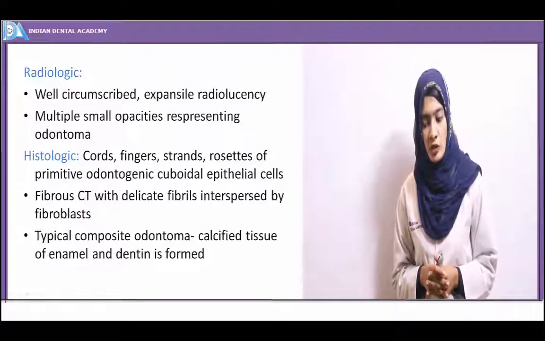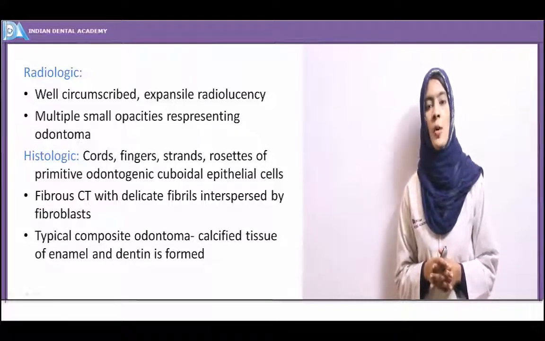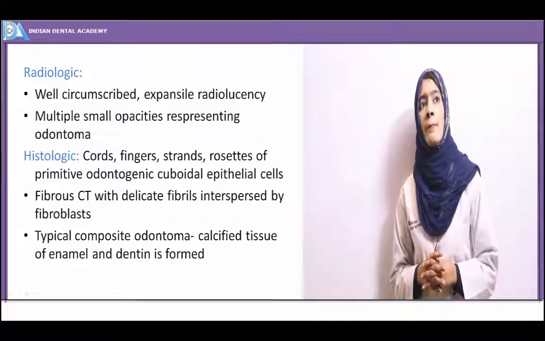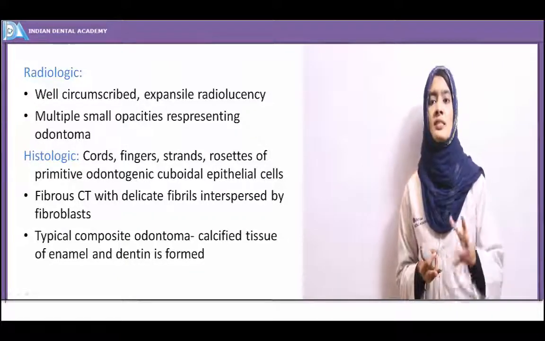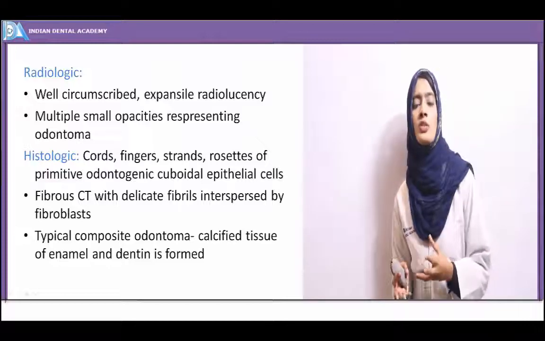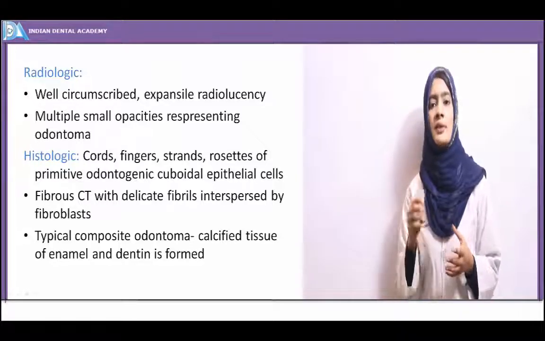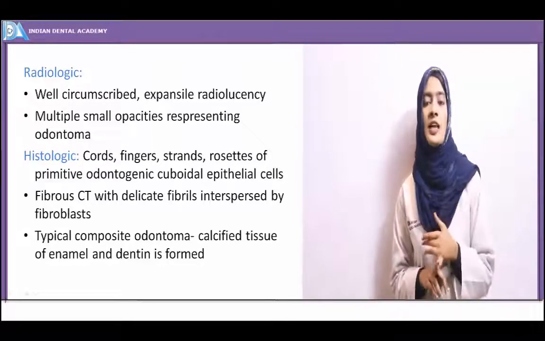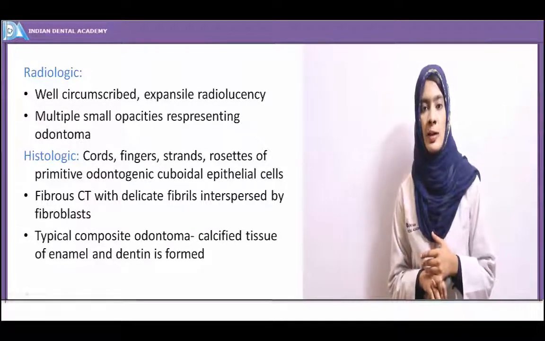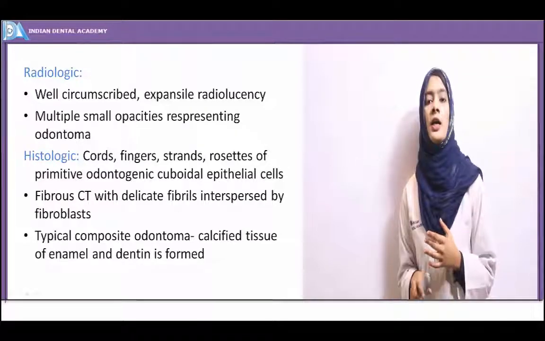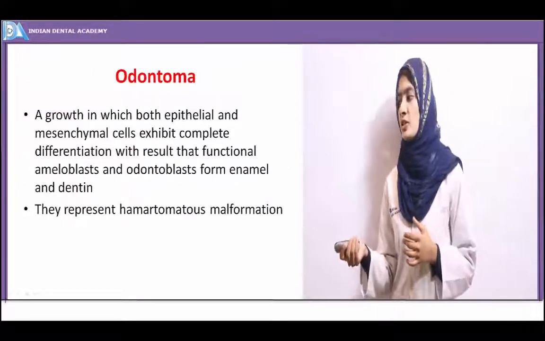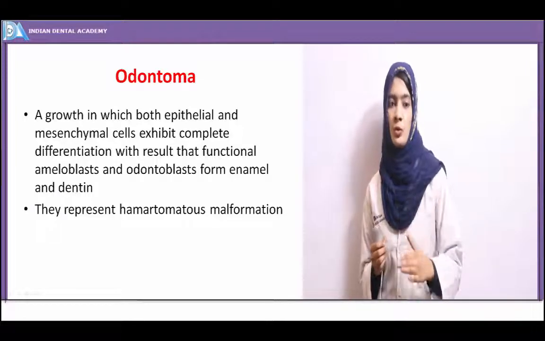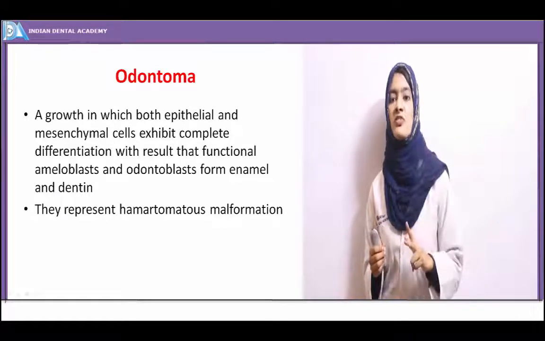And there is occurrence of opacities, a typical composite odontoma appearance, where calcified tissue is seen. This calcified tissue bears resemblance to normal tooth structure, that is, enamel and dentin appearance is seen in the calcified tissue. So the microscopic picture is essentially a picture of ameloblastic fibroma along with the typical composite odontoma and enamel and dentin formation. So that was about the ameloblastic fibroodontoma. We have seen ameloblastic fibroma and ameloblastic fibroodontoma.